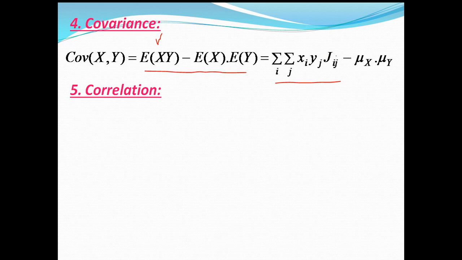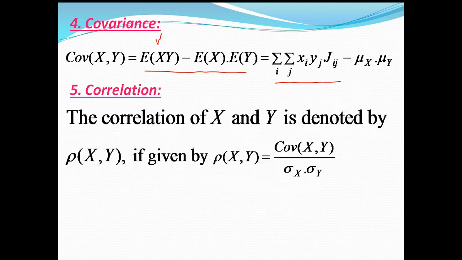Then subtract mu x into mu y, that is expectation of X into expectation of Y. The correlation of X and Y is denoted by rho of XY, that is the covariance of X and Y divided by the standard deviation of X into the standard deviation of Y. So these are the formulas: expectation of X and Y, variance, standard deviation, covariance, and correlation. We have to remember the formulas.